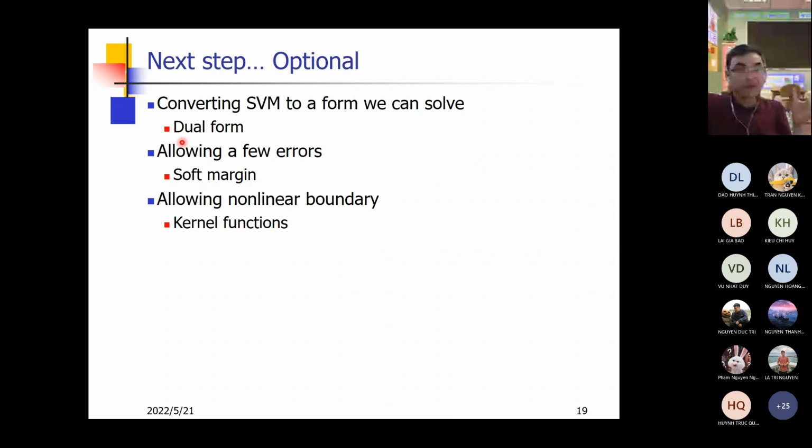First we will have the dual form problem, and then we go to the primal problem, which I will explain later, and finally kernel functions, which let us deal with nonlinear boundaries and nonlinear datasets. Okay, so first we go into the dual form problem.